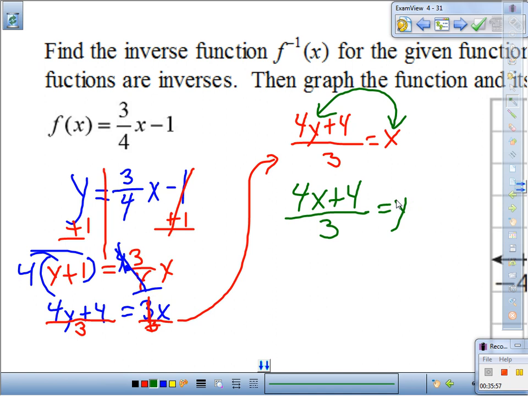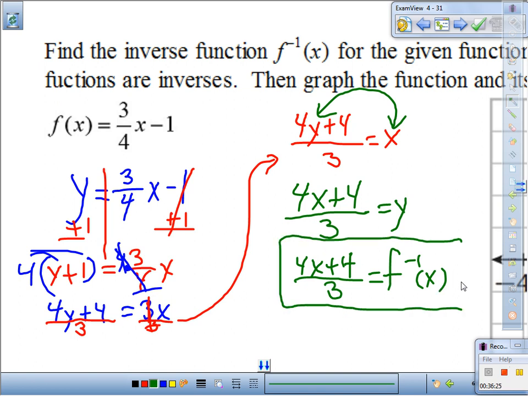Yeah, this is the inverse. Okay? So right now I'm going to leave it like that, but what's the next step? 4x plus 4 over 3 equals f inverse of x. That's what tells us that it's the what? The inverse.